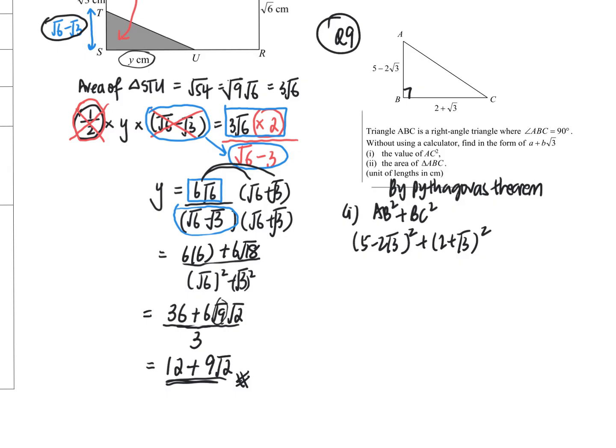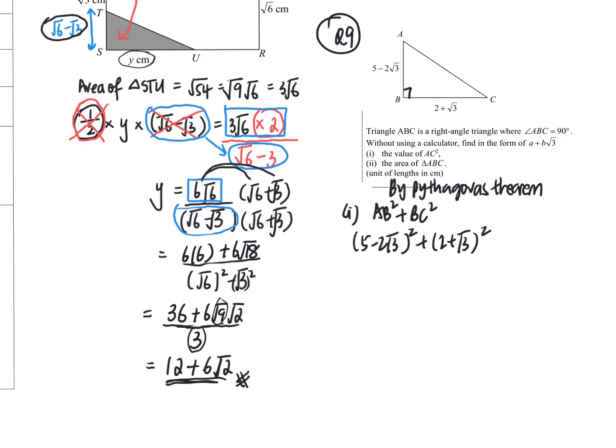Because this is 3. 6 times 3 is 18 divided by 3. 6, sorry, 6. Wait, this is 6, right? Why is it positive?